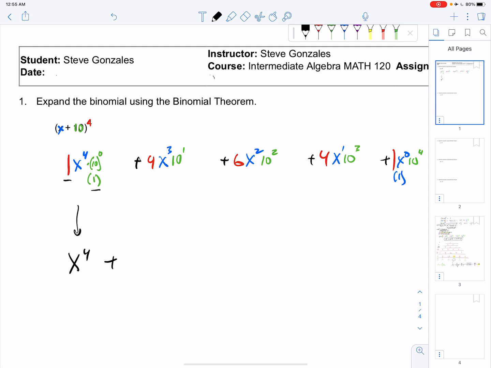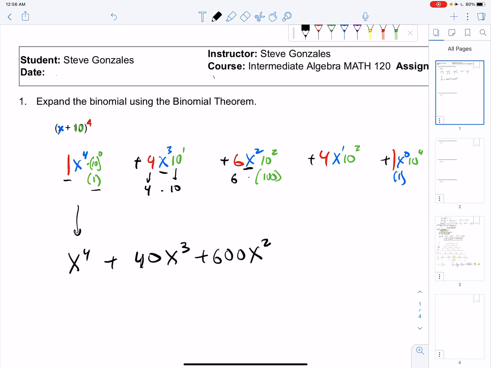Now this next one, I've got that's 4 and that's 10. So 4 times 10 is 40, and then I've got my x to the third. Next, I've got 10 to the second, which is 100. And so I've got 6 times 100, that's going to give me 600. And then don't forget your x to the second power.